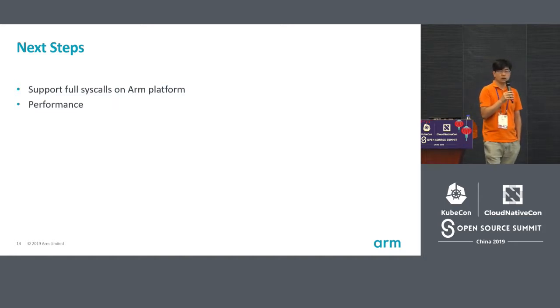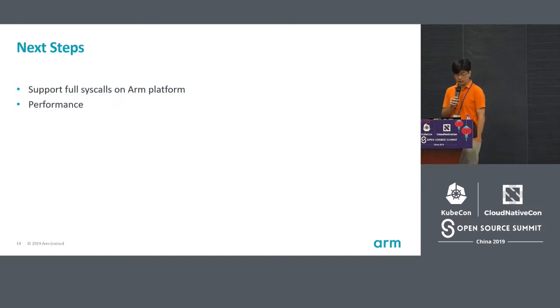For the next step, we want to achieve the system call on the user space. We also need to pay attention to performance. For example, like 9PFS, there's room for improvement of performance.